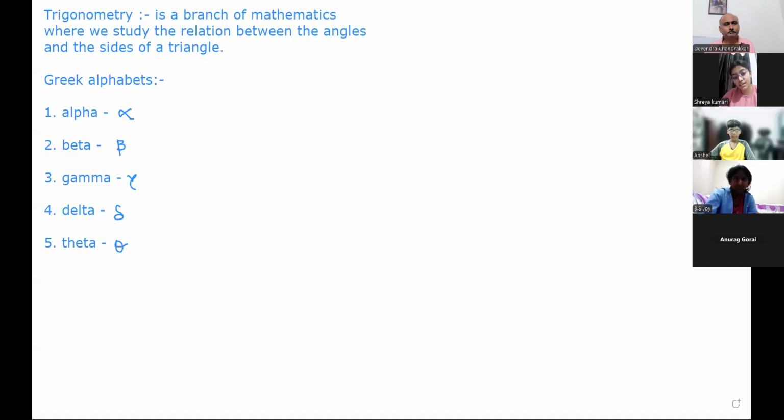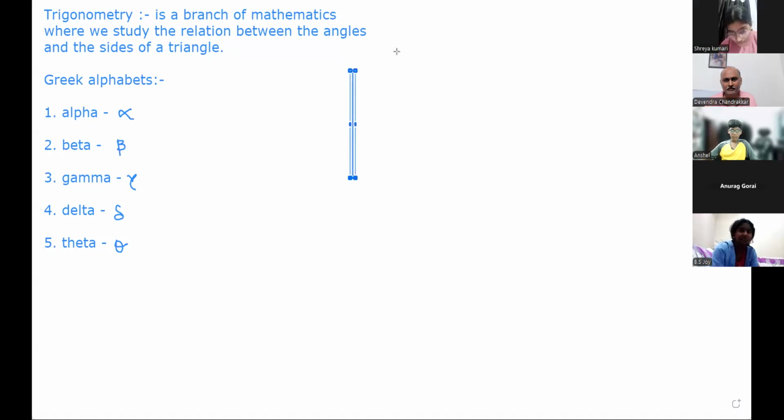So these are the Greek alphabets. The triangle which we are dealing with in today's topic, this is true for any of the triangles. Yes, Shreya, you want to ask? You have to unmute, beta. Sir, why is it necessary to use these alphabets? Why not ABCD?